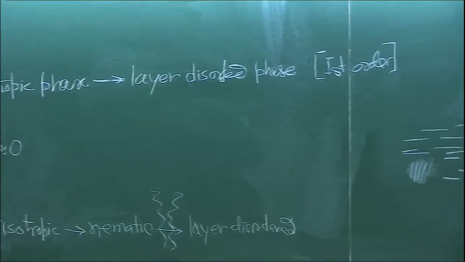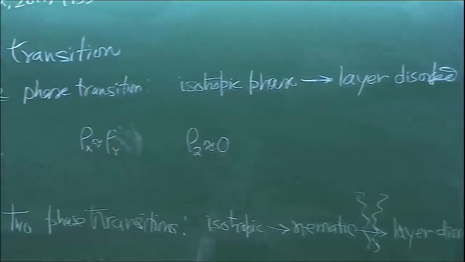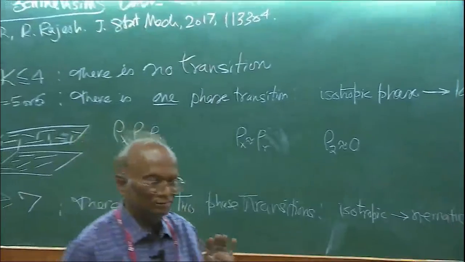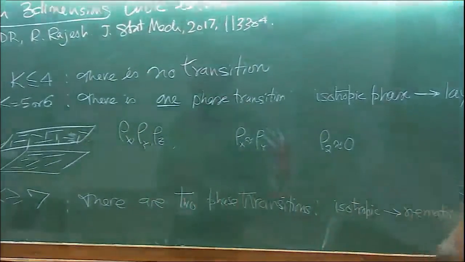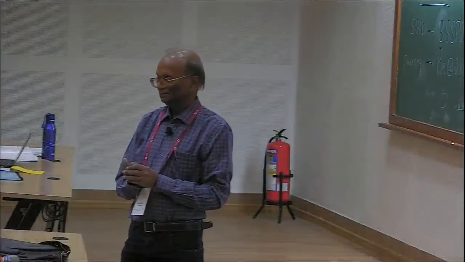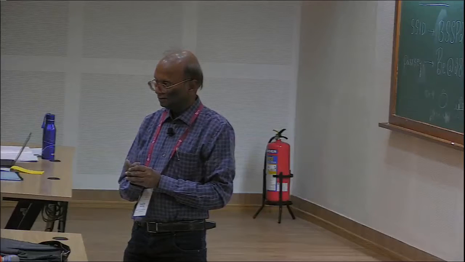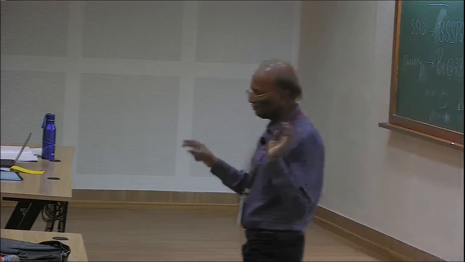But then you would expect the smectic phase is not there because of the thickness. You can have smectic, but you can call this the smectic phase, and that could be in the z direction. So the layers are perpendicular to the z-axis. All the layers are perpendicular to, let's say, the z-axis.